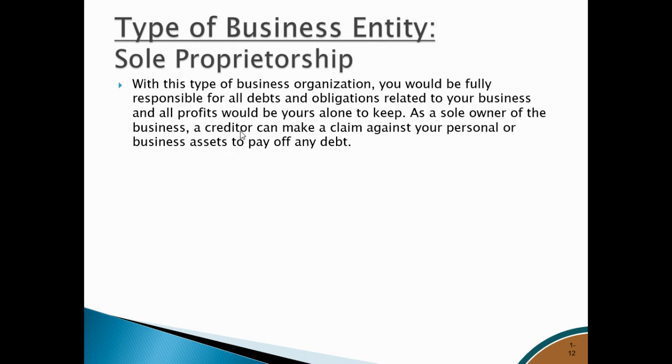So the creditor or the bank can come to you and claim your personal assets. They can take your car or house in order to get back the money that they lent to the company.